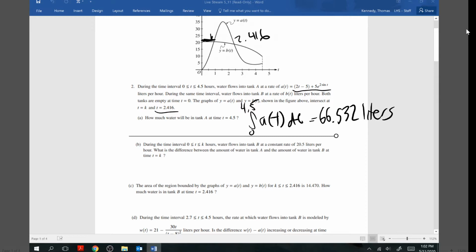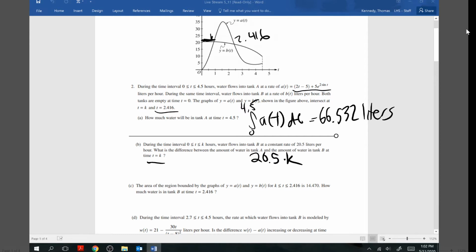All right, for B, it says water flows in for K amount of, what is our time unit? Hours, K hours. So the amount of water that flows into tank B is 20.5 times K, because it's linear, it has a constant rate.